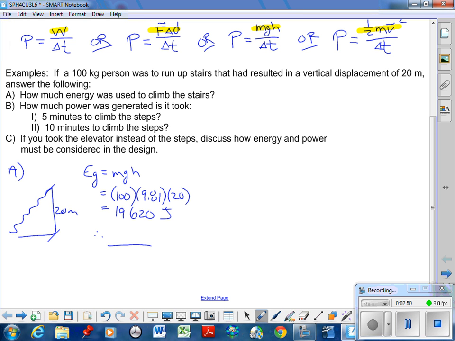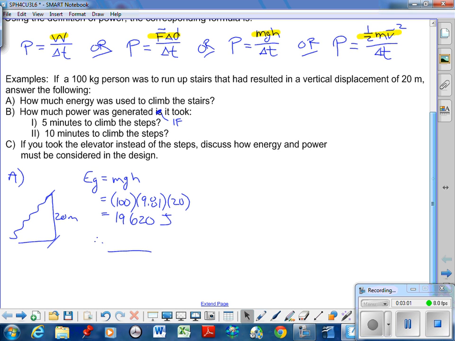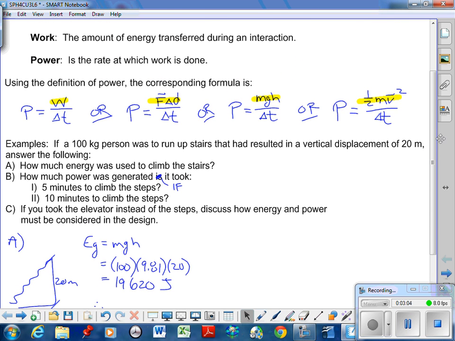B part. How much power was generated if it took 5 minutes to climb the steps. Now, here's the key here, and let's just go up here for a second with power. We're going to add in 2 comments here.